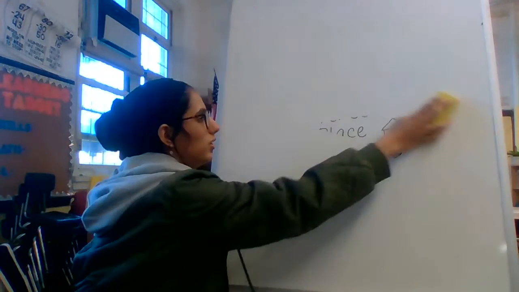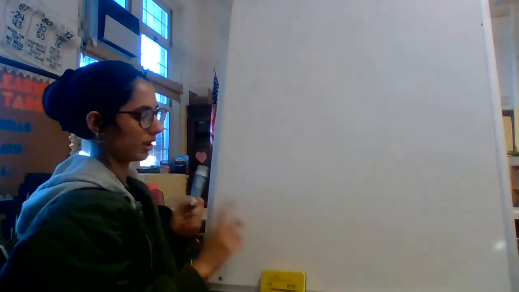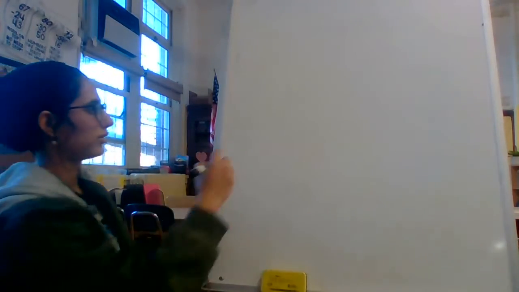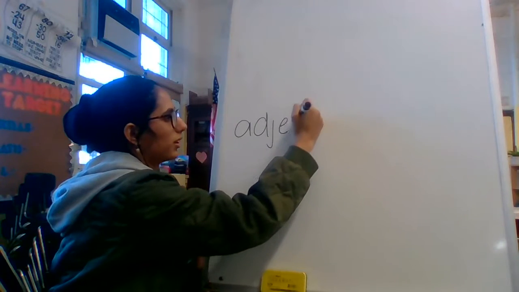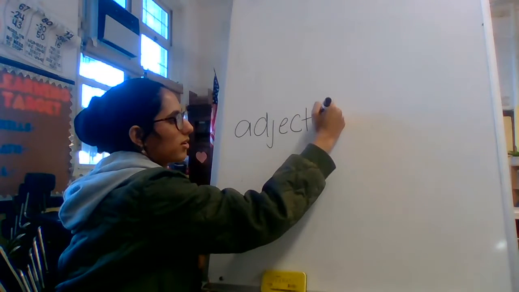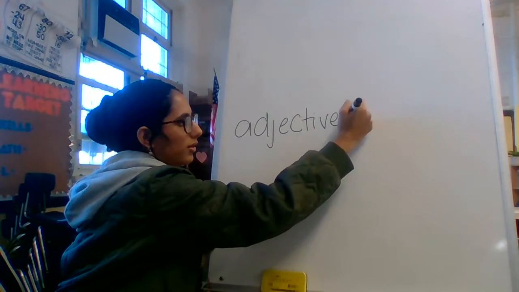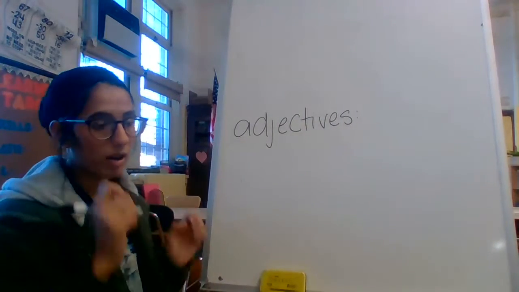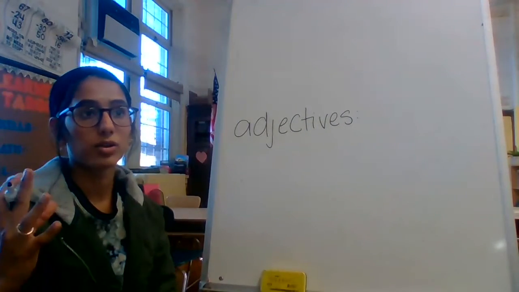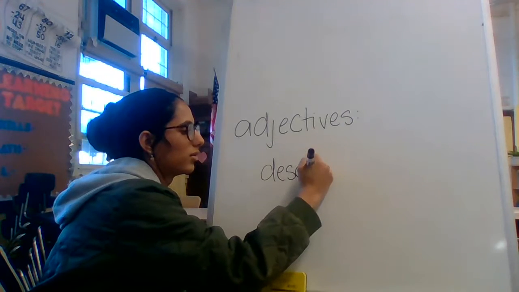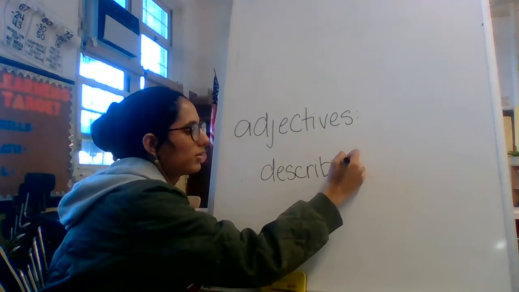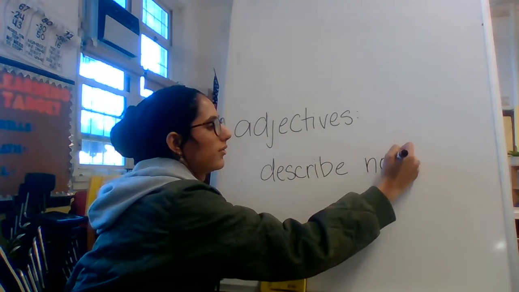Today, we are going to learn about adjectives. So adjectives, and I'll have a poster up in a sec. Let's talk about it first. Adjectives are basically words that describe nouns. So they describe nouns.